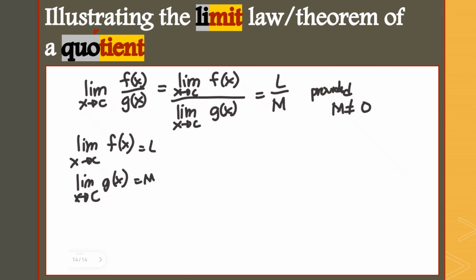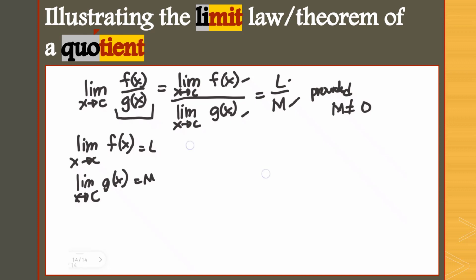So if we have expressions given later and we know that their corresponding limits are represented by L and M, we don't need to solve or simplify the entire ratio of the two functions before we take the limit. Simply take the ratio of their corresponding limits.